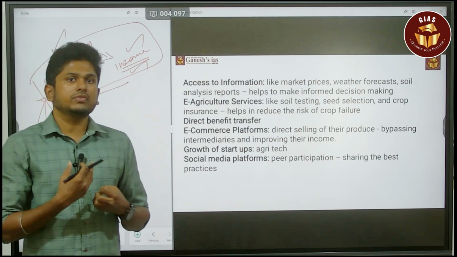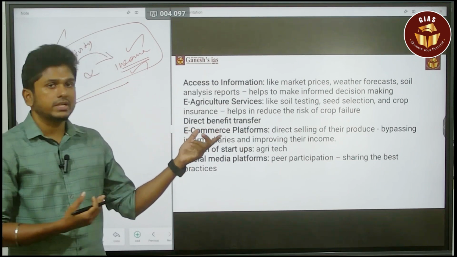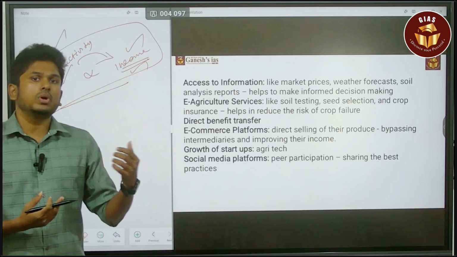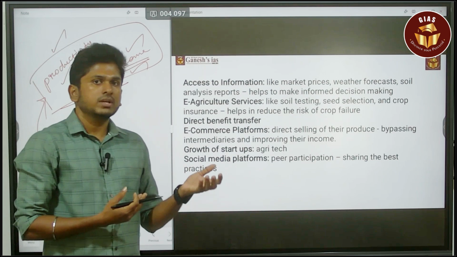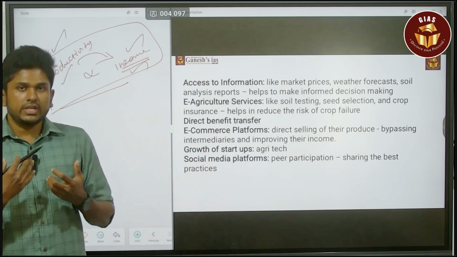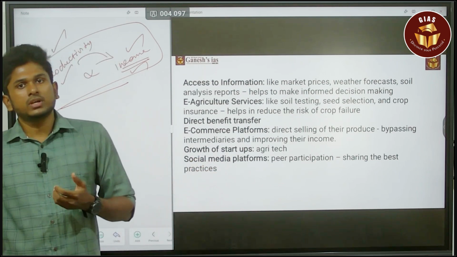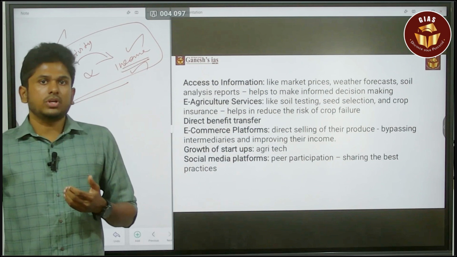That is one of the major benefits given by direct benefit transfer, and this is achieved only by the Digital India mission, because due to that only, internet access has reached even the nooks and corners of rural India.